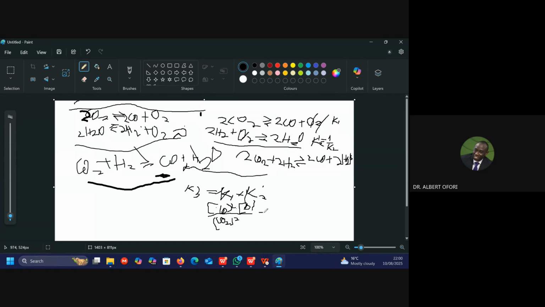Now, plus, we are summing it together. So how we ended up saying it should be multiplied, we are summing it together.